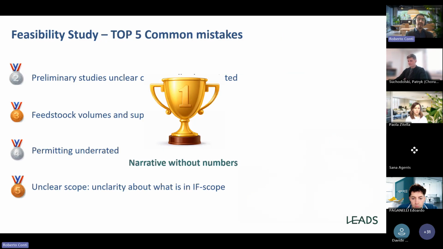Finally, I just want to conclude this presentation with the top 5 common mistakes that applicants normally make in the feasibility study preparation. So at the 5th position, you have unclear scope.